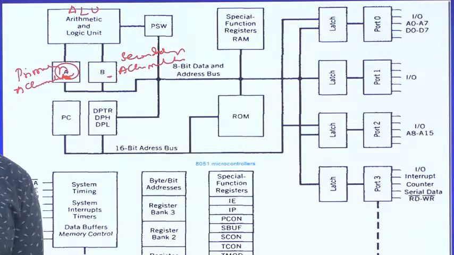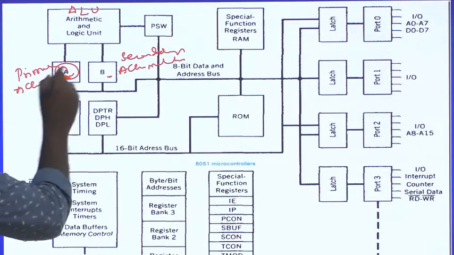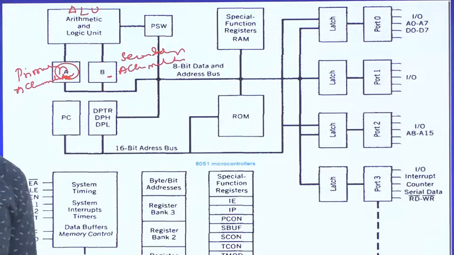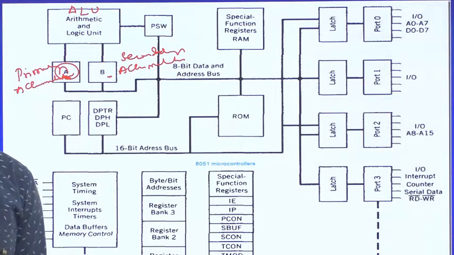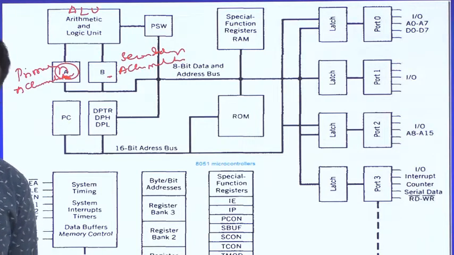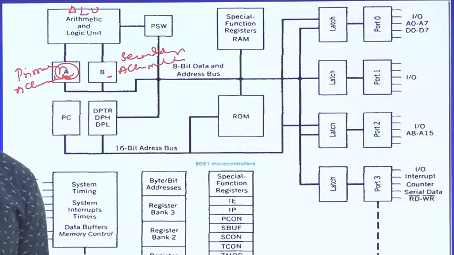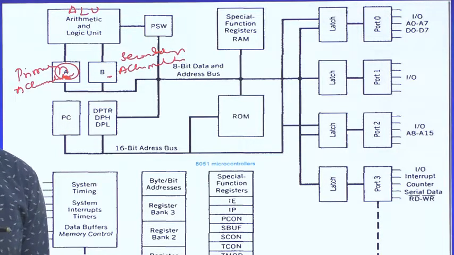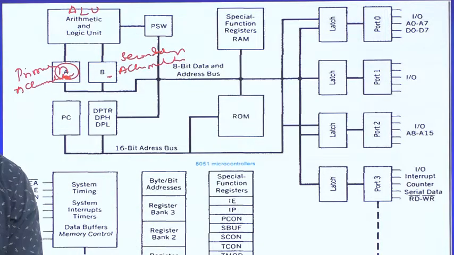And one more thing apart from this, we can consider the A and B registers as general purpose registers of the 8051. These are accumulators, that is one aspect, and the second aspect is that these two registers can also be considered general purpose registers of the 8051. And one more interesting thing about these registers is, whatever registers we find in this 8051 controller, each and every register has its own internal address.